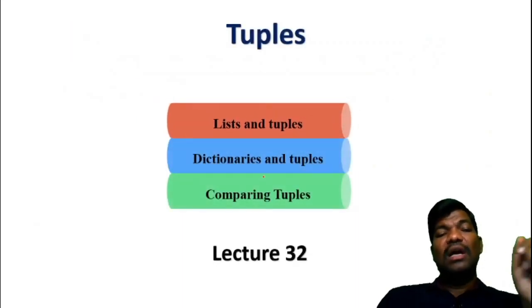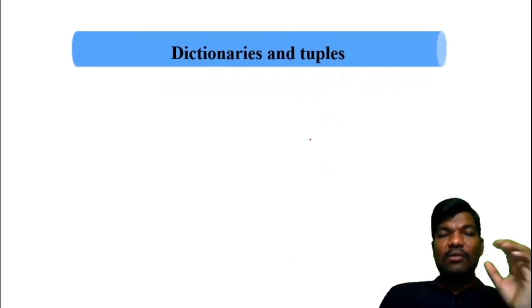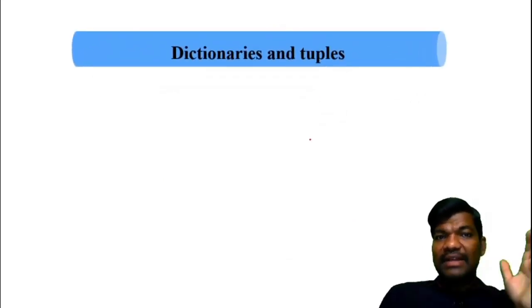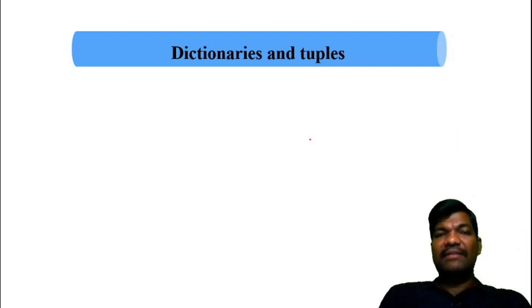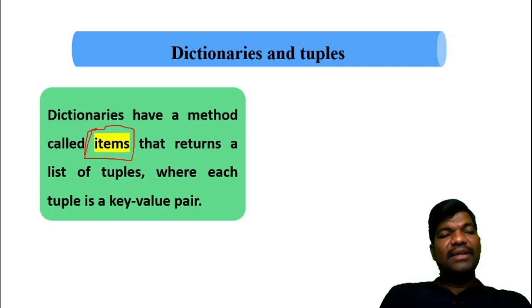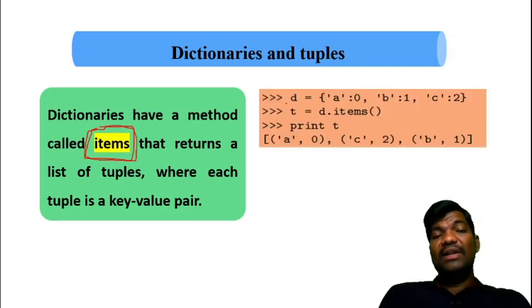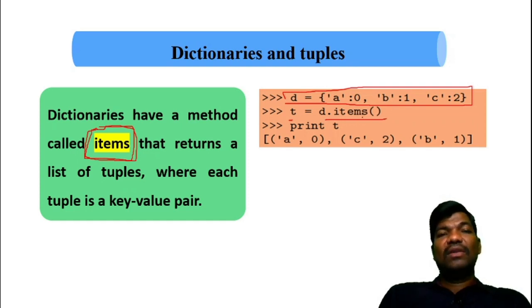Now coming to the second one, dictionaries and tuples. Now we are finding the relation between dictionaries and tuples, where we are using both. Take the items method. Consider one dictionary D. D dot items, already completed in dictionaries.